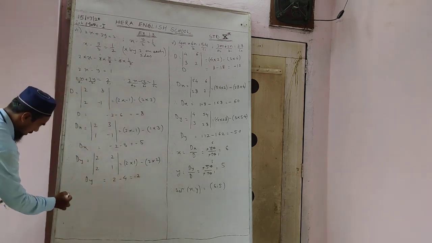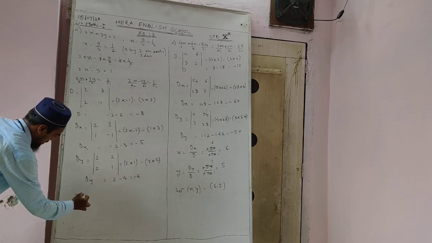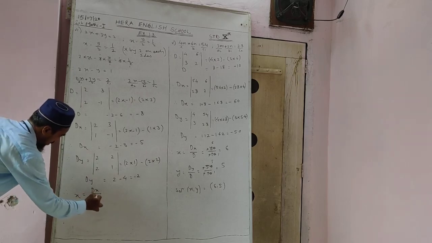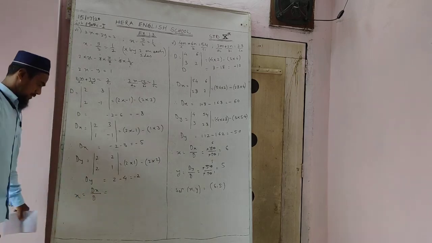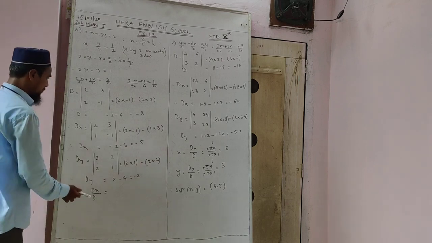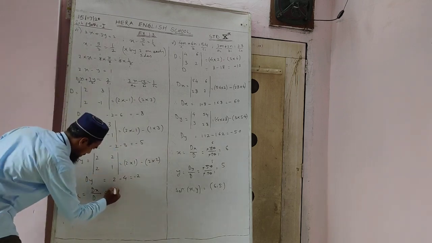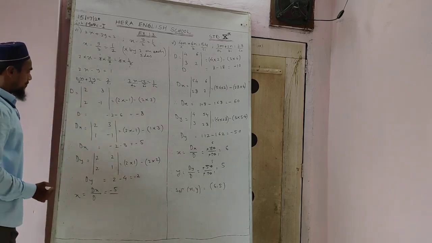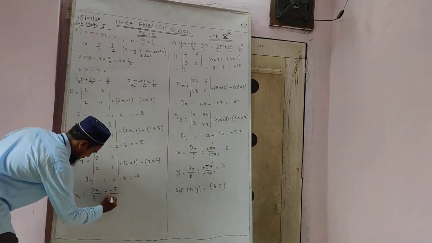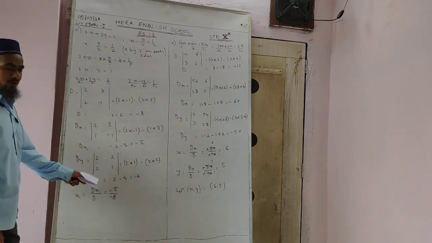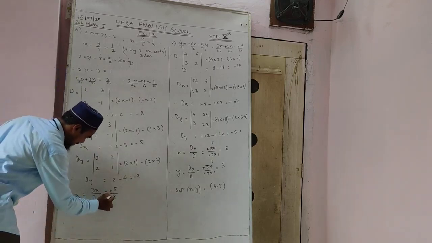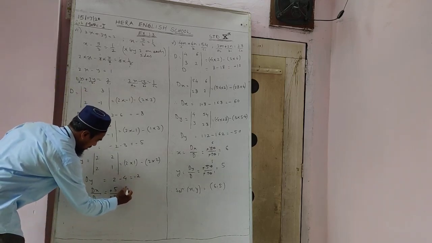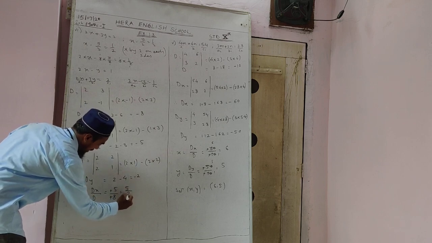Now continue here. Value of x, the formula is dx upon d. We have got dx as minus 5 and the value of d is minus 8. The minus and minus cancel, it will be plus. The value of x is 5 by 8.